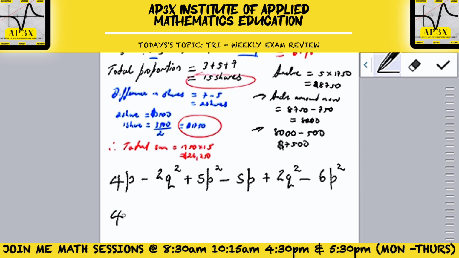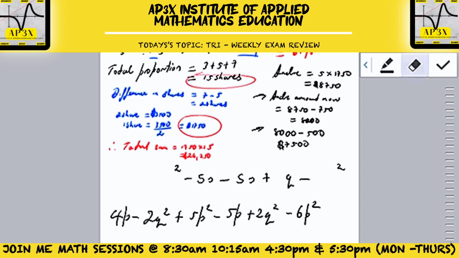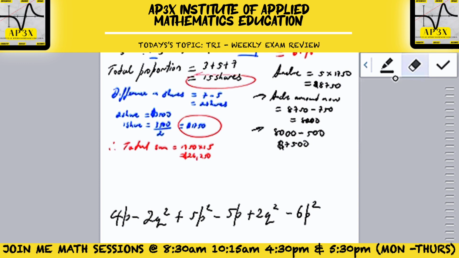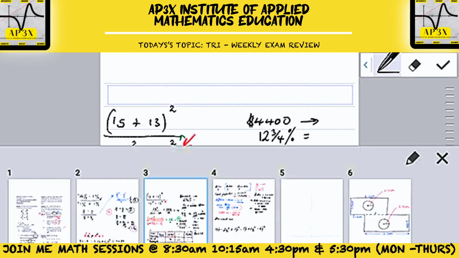Let's just rewrite this question to give ourselves some space down here. Alright, so now this is what Andre currently has. But remember that Andre gave Alex 750, so Alex's money would have also increased. So Alex's amount now is going to be 750 plus what he already had.